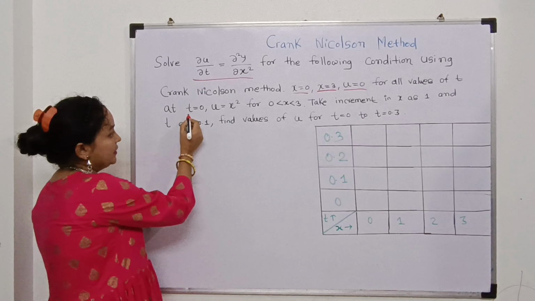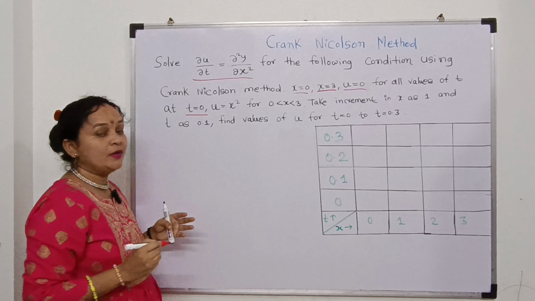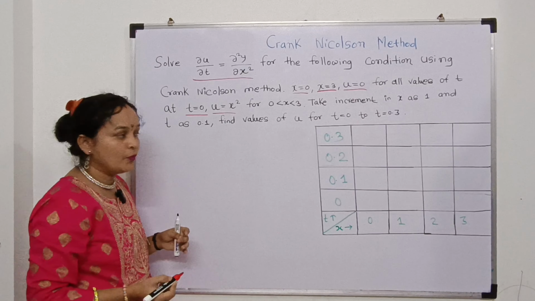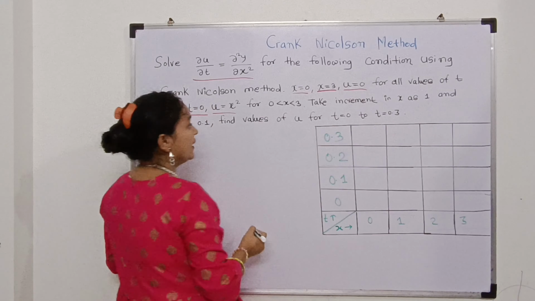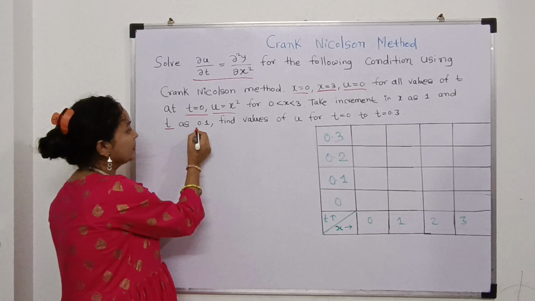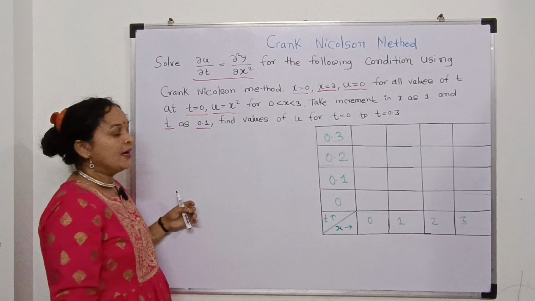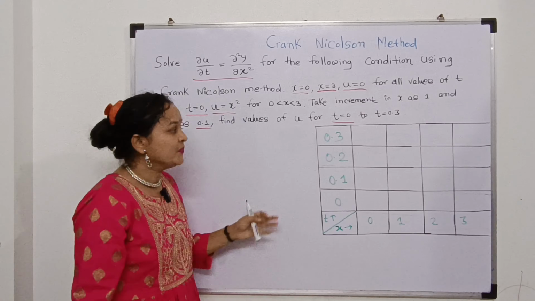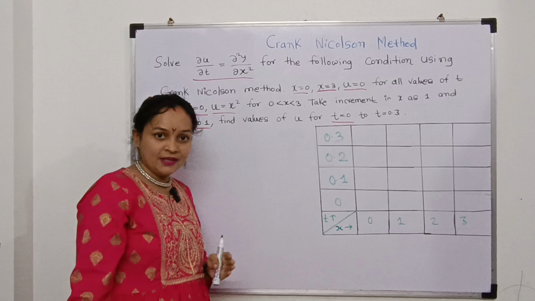Again they give t equal to 0, with the function u equal to x square. Take the increment for x as 1 and the increment for t as 0.1. They also mention t from 0 up to 0.3.